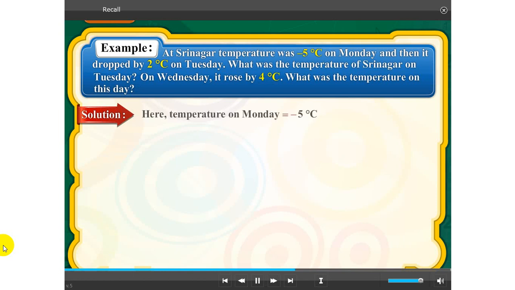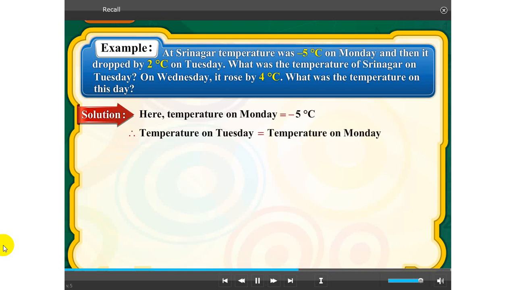Solution. Here the temperature on Monday is equal to minus 5 degrees Celsius. Therefore, the temperature on Tuesday is equal to temperature on Monday minus 2 degrees Celsius, which is equal to minus 5 degrees Celsius minus 2 degrees Celsius, which is equal to minus 7 degrees Celsius.